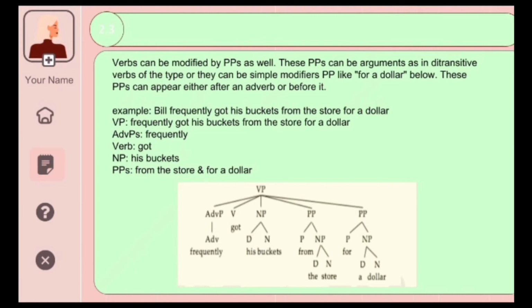Prepositional phrases: "from the store" and "for a dollar." Our preposition for the first prepositional phrase is "from." Determiner "the," noun "store." Our preposition for the second prepositional phrase is "for." Determiner "a," and noun is "dollar."